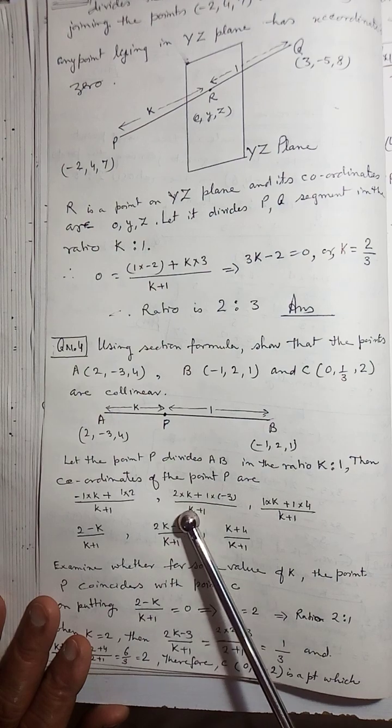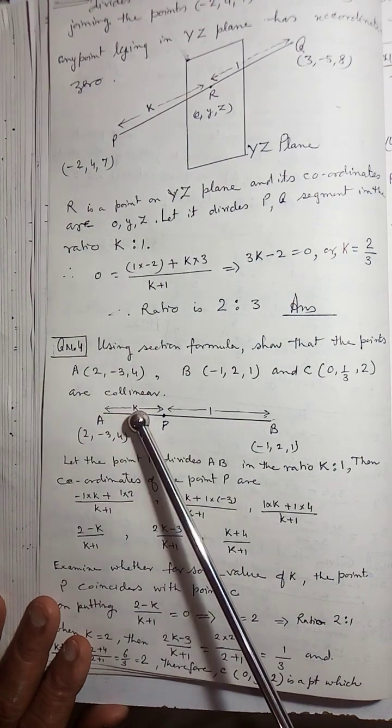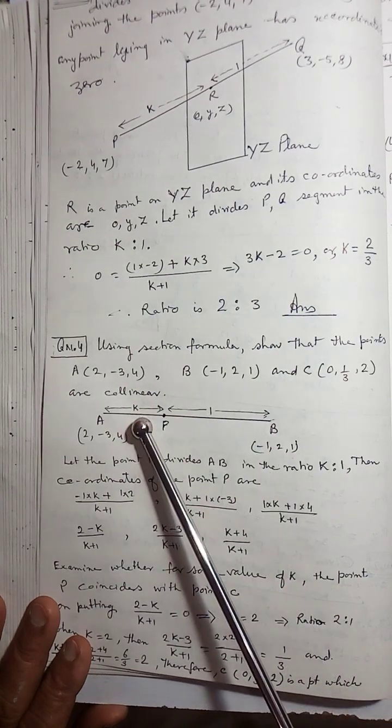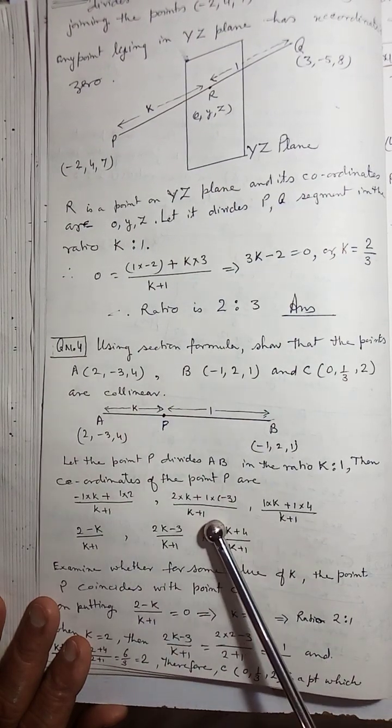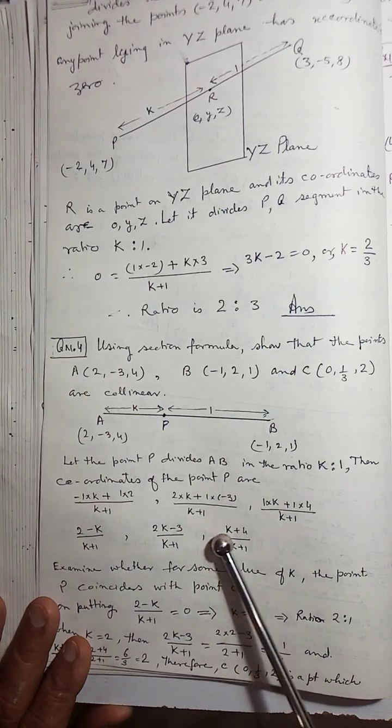coordinate, 2 into k plus 1 into -3, whole divided by k plus 1.